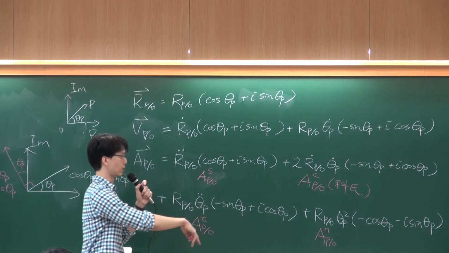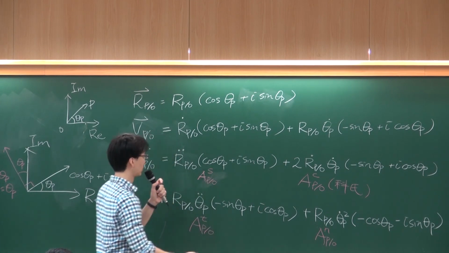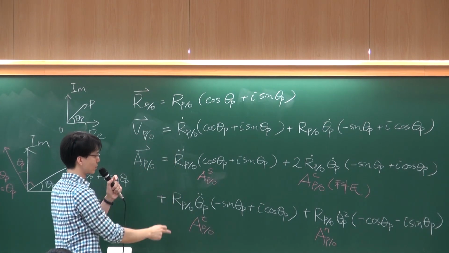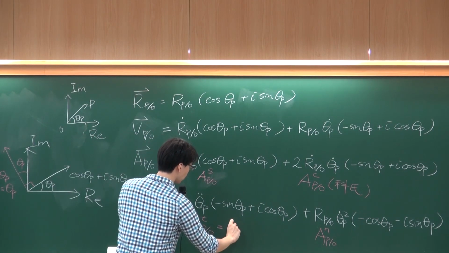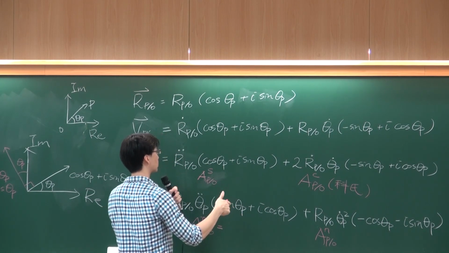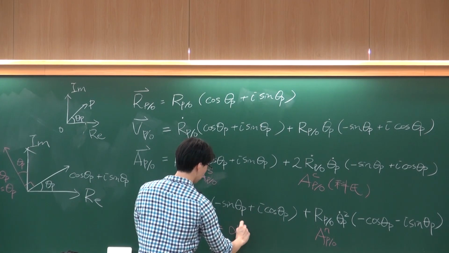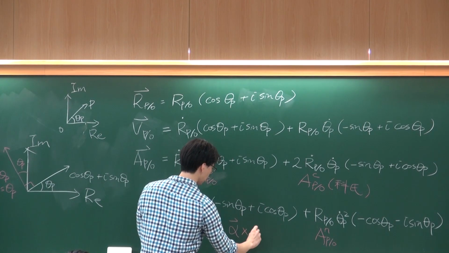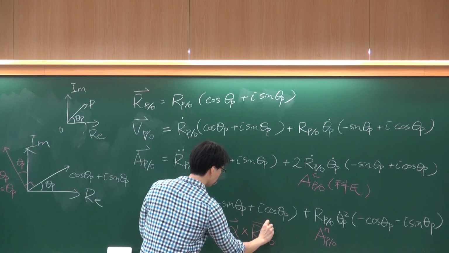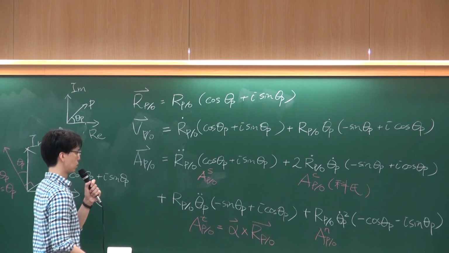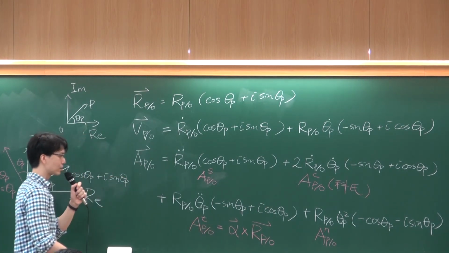So we have 4 components, and each of them can be represented in another way. This one will just stay this way. And this one previously we wrote as, let me think, we can represent this term in this vector by this vector.